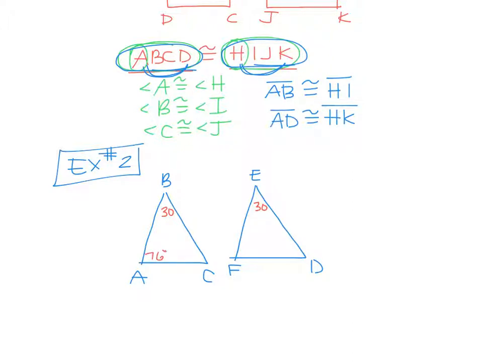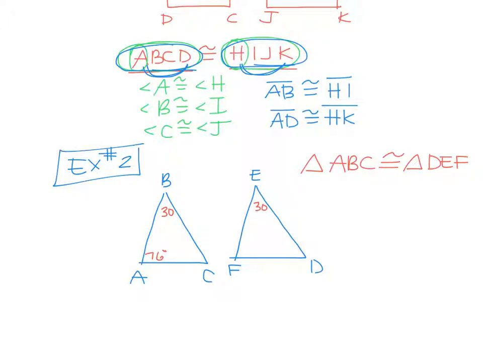Okay, so we know this information. If I were to say that triangle ABC is congruent to triangle DEF, okay, right now you should be able to tell me every missing angle.